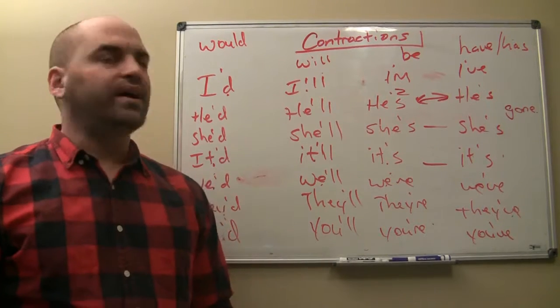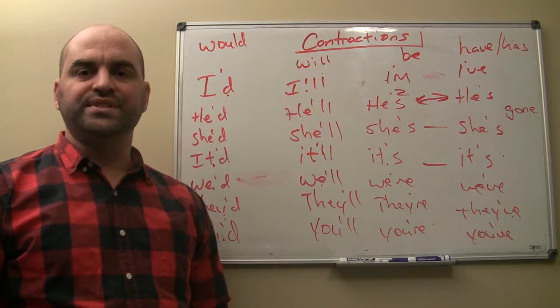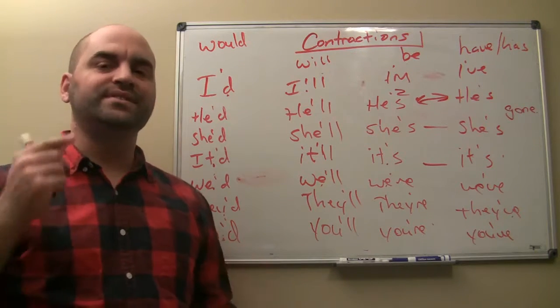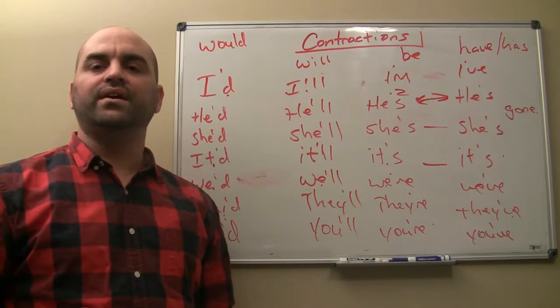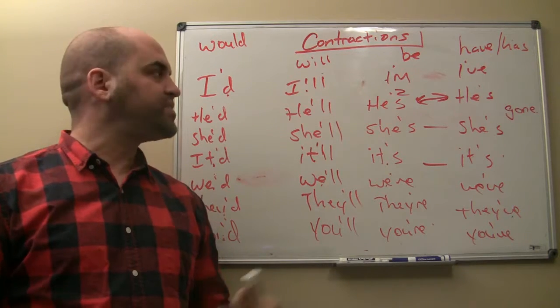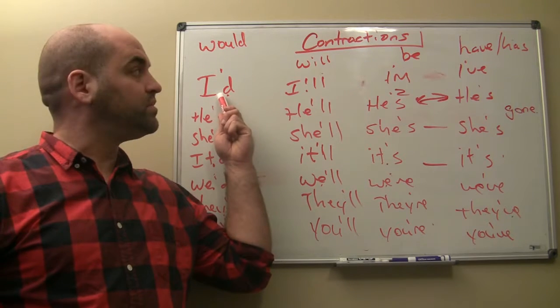Okay, so again, this is an example of different contractions that you will see. Again, you have to just practice and just listen. Also use the scenario. Use what people are talking about. Are they talking about the past? Are they talking about conditional?